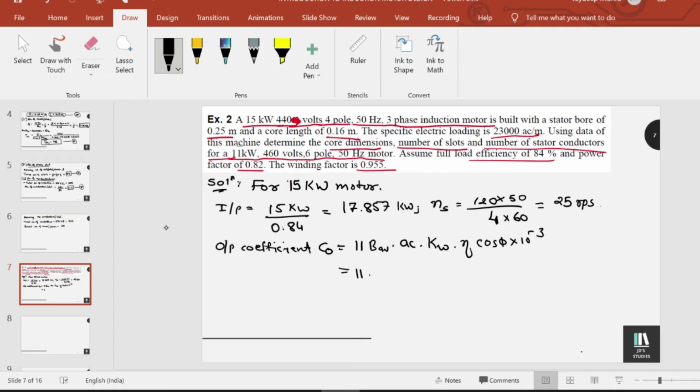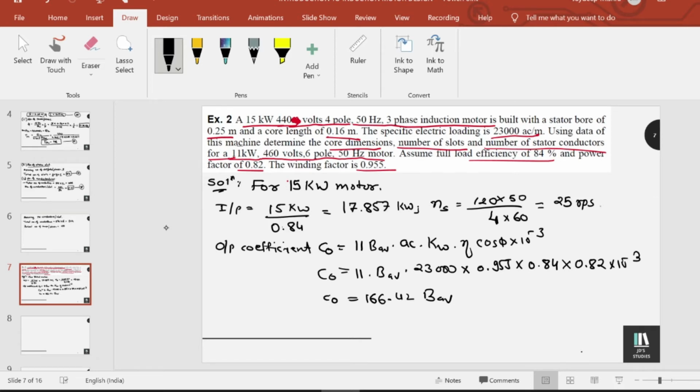We have the AC value, 23,000. Winding factor is 0.955. Full load efficiency is given as 84%, then 0.84. Cos phi is given as 0.82, 10 raised to minus 3. So what is the value of the C0 coefficient? It is 166.42 Bav. This is the value of the output coefficient.